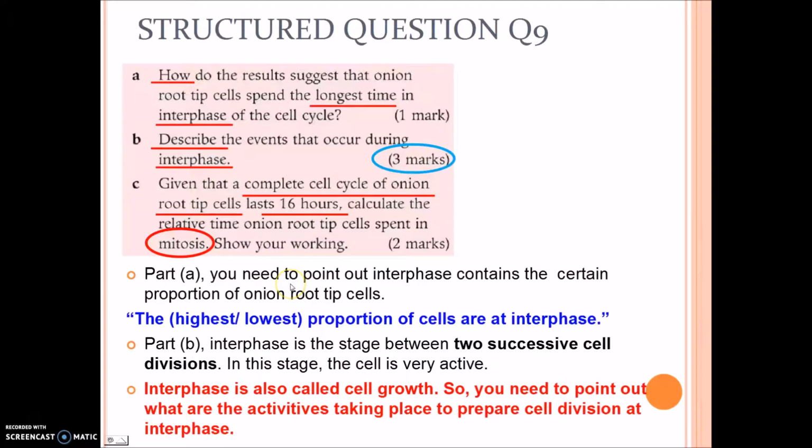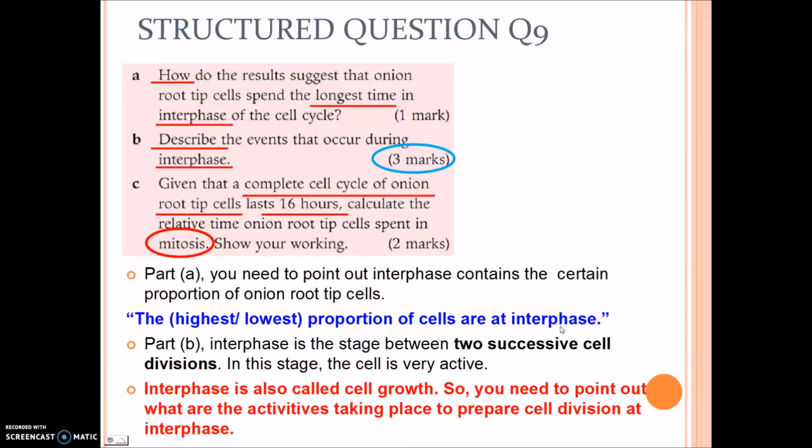For part A, you need to point out that the interphase contains a certain proportion of the onion root tip cells. I'll give you a sample of the answer: the highest proportion of cells are at interphase. Of course, it is better for you to give the number as well, not only the sentence. There is the proportion of cells at interphase.